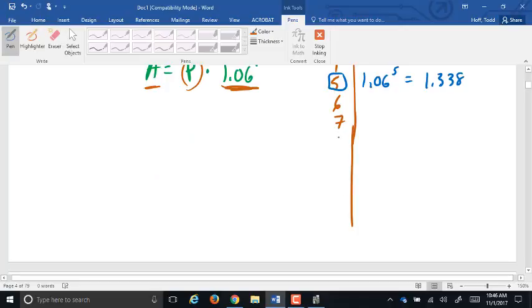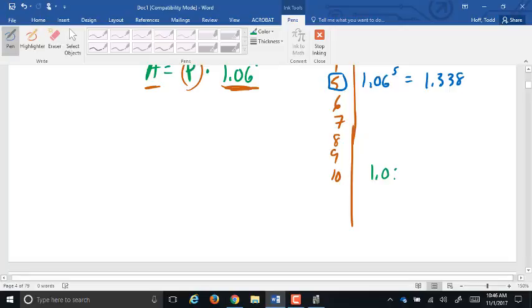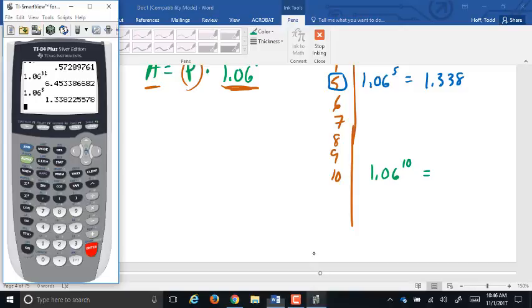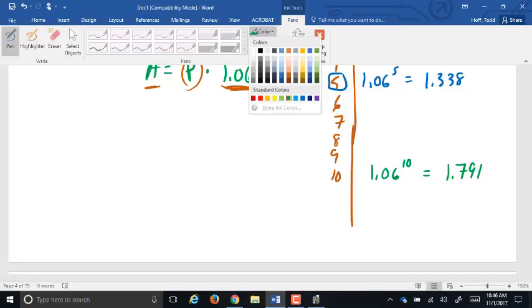So we're going to keep going here. Let's do like 8, 9. Let's try 10. See what you get when that is to the power of 10. 1.791. So we still need to be bigger yet.